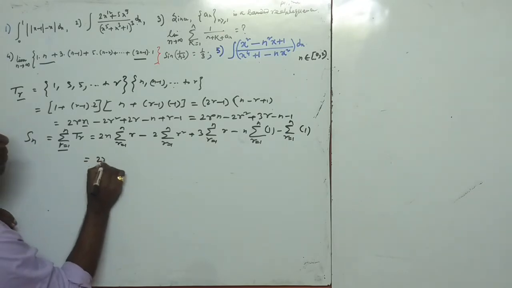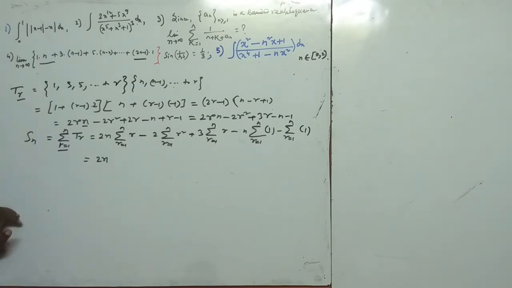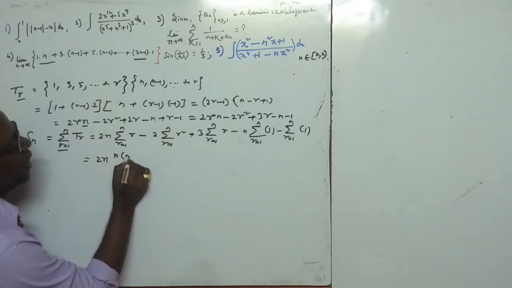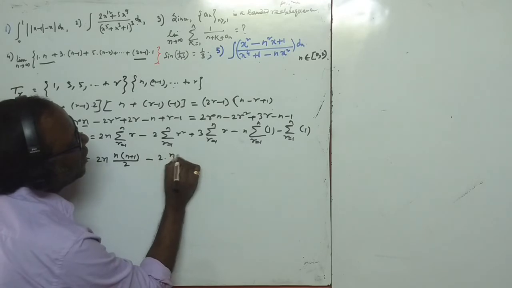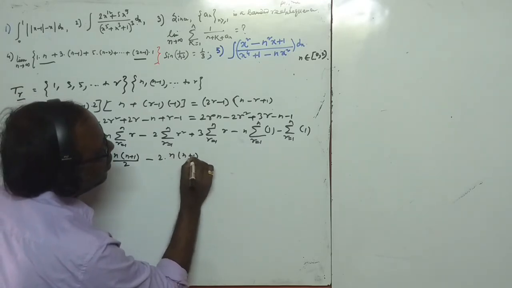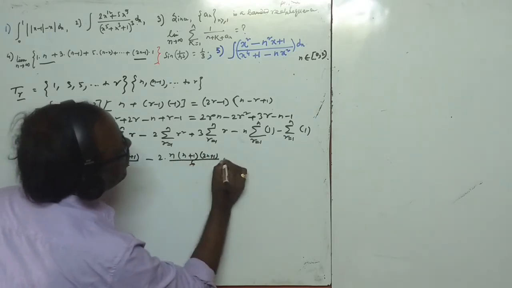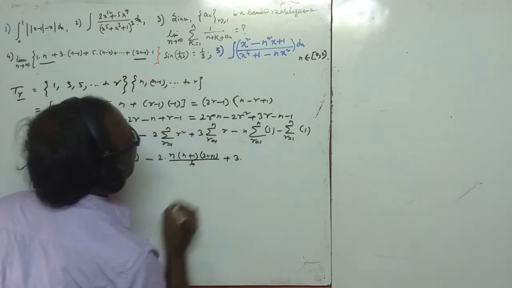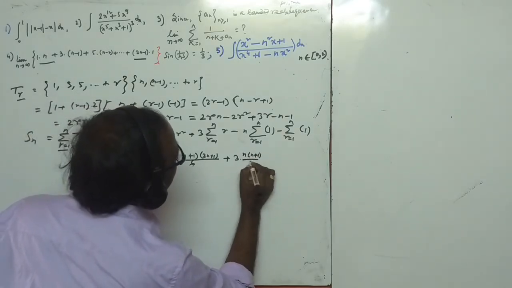So now see, this is 2n and the sum of 1 to n, that is n into n plus 1 by 2. So 2n into n plus 1 into 2n plus 1 by 6, and 3 into n into n plus 1 by 2.